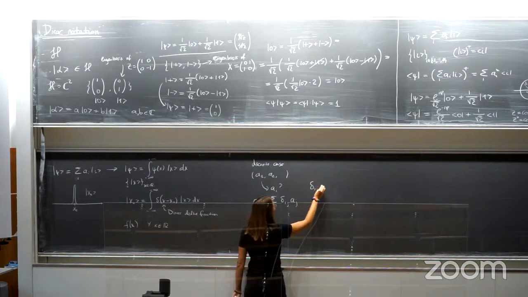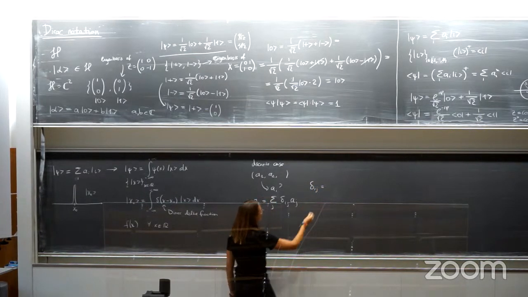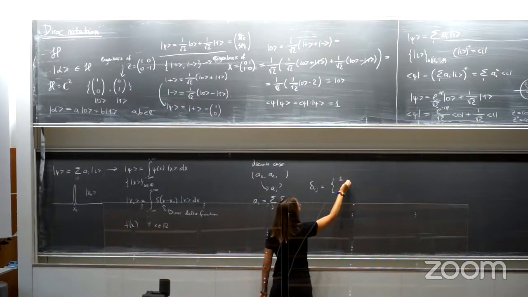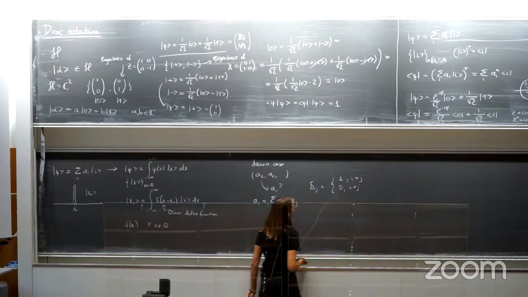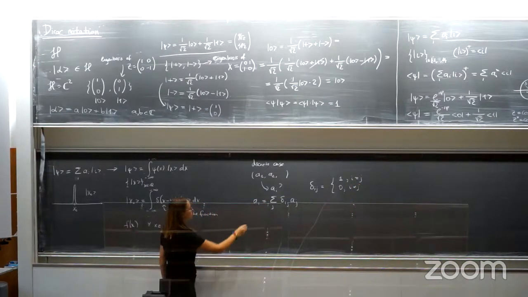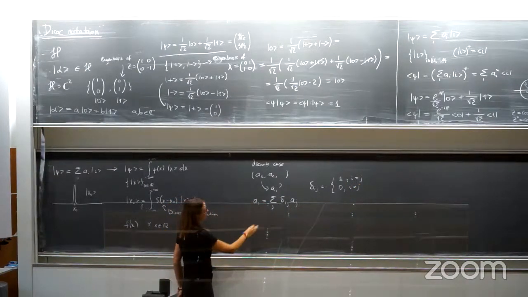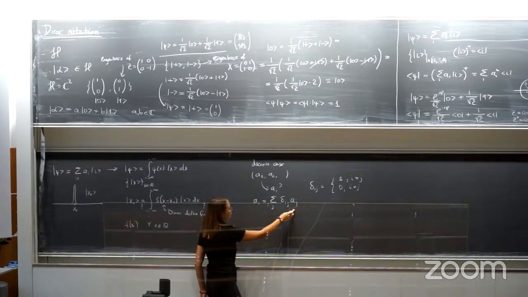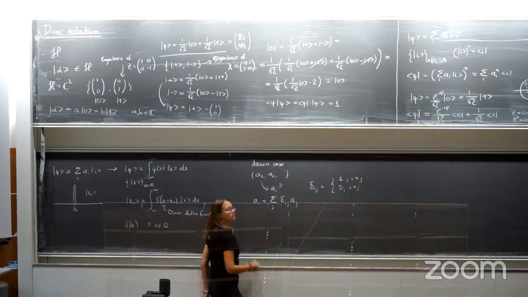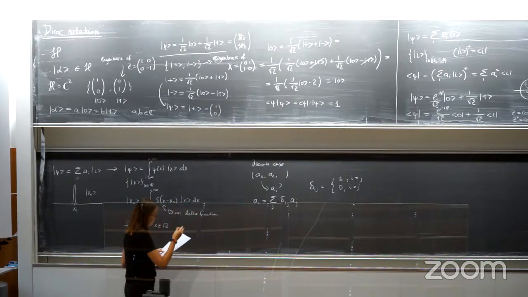Delta ij is 1 if and only if i equals j, and 0 in all other cases. So if I write out Ai as the sum with this delta ij, the only member of this sum which will be non-zero is Ai itself. So this is clearly justified.